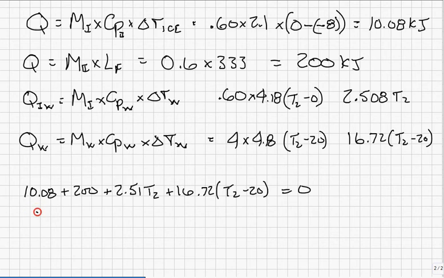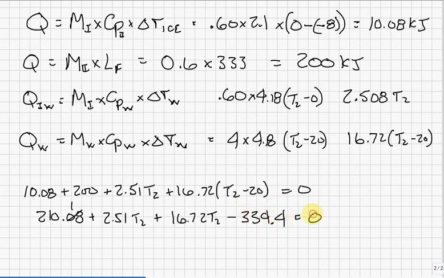Now this becomes 210.08. Let's call it 210.1. And 2.51 T2 plus 16.72 T2 minus 334.4 equals 0.